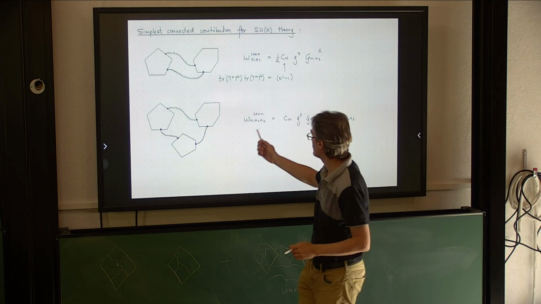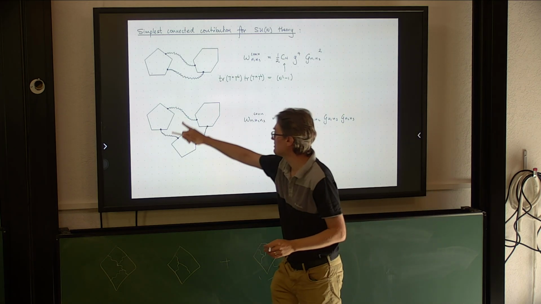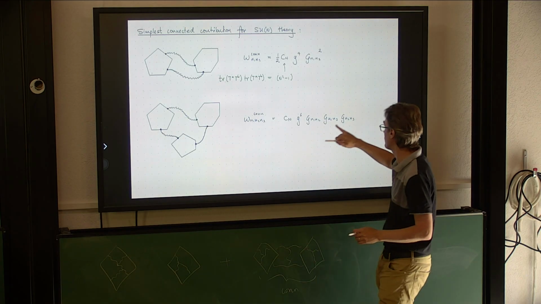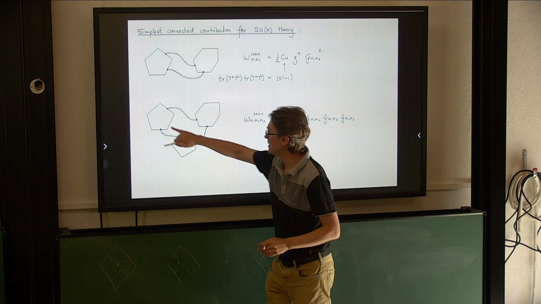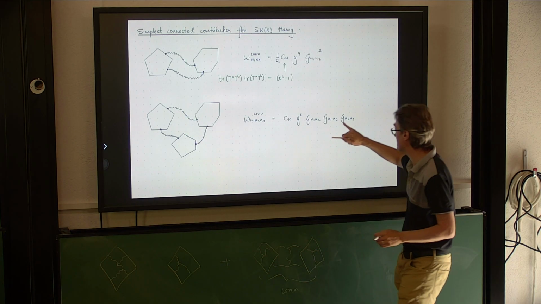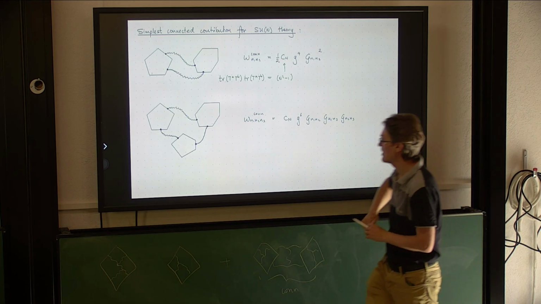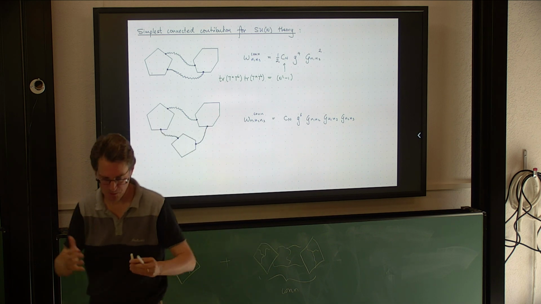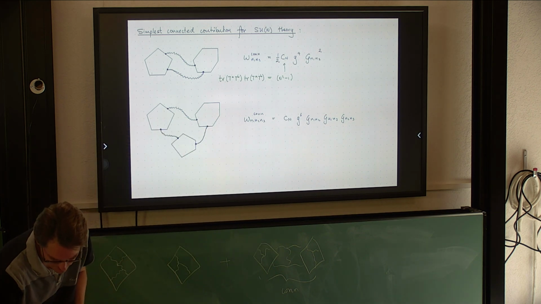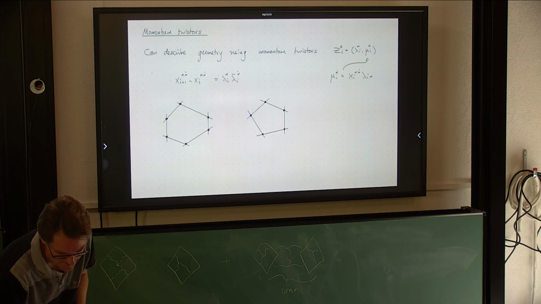And if I wanted to compute this thing for 3 loops, I would get the product over the 3 evaluations of this same function between the 3 loops. Okay. So simple computations to get some answers out, and they're all conformally invariant.